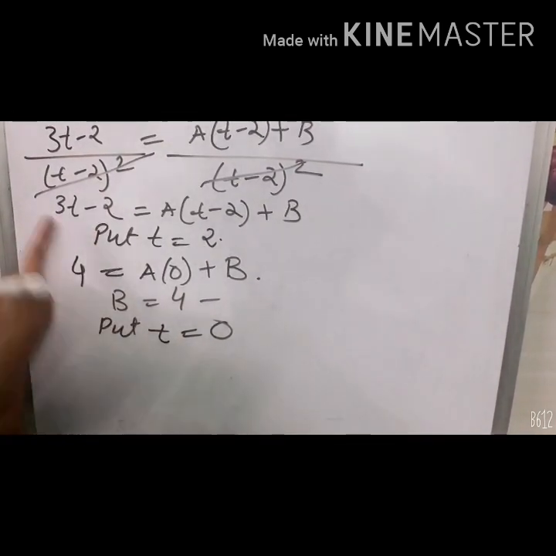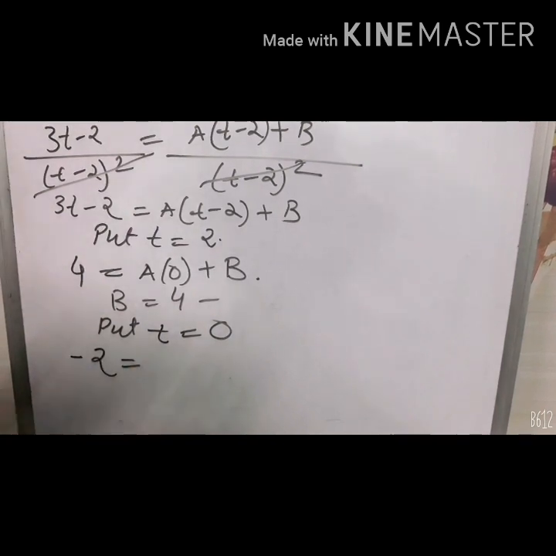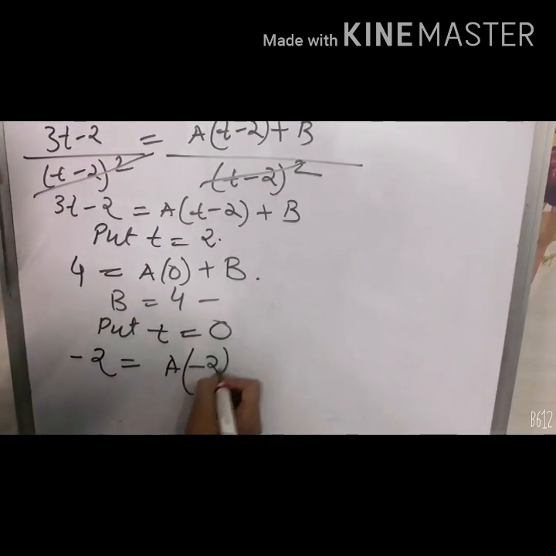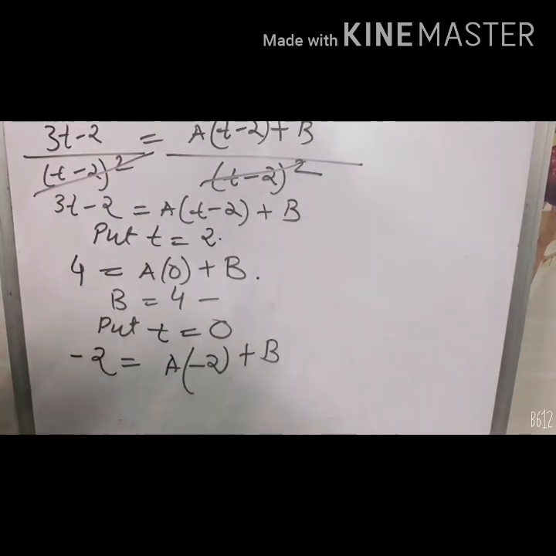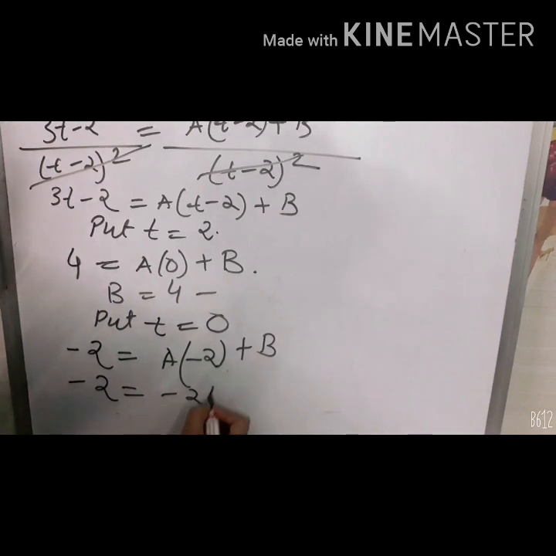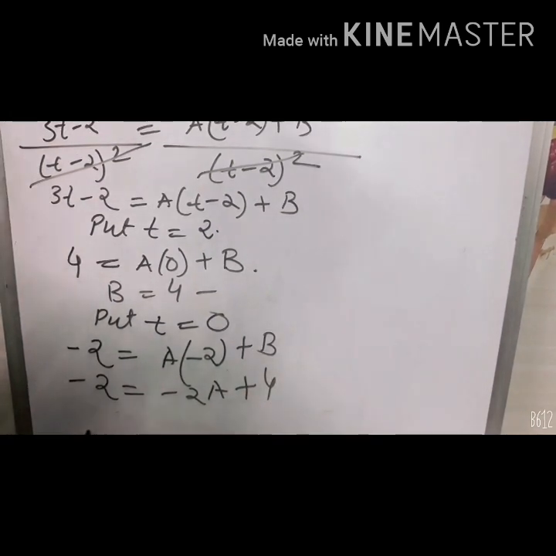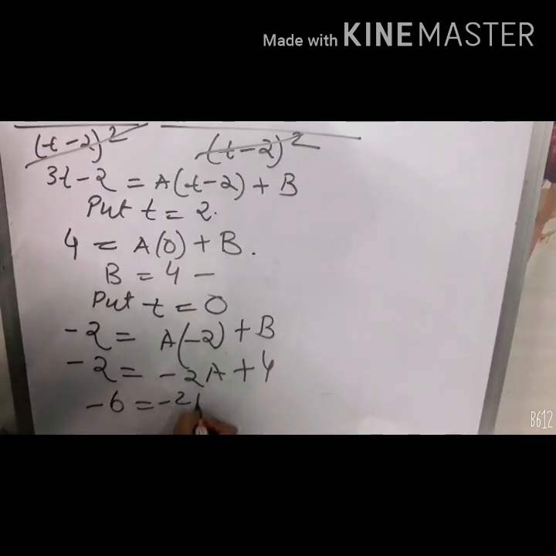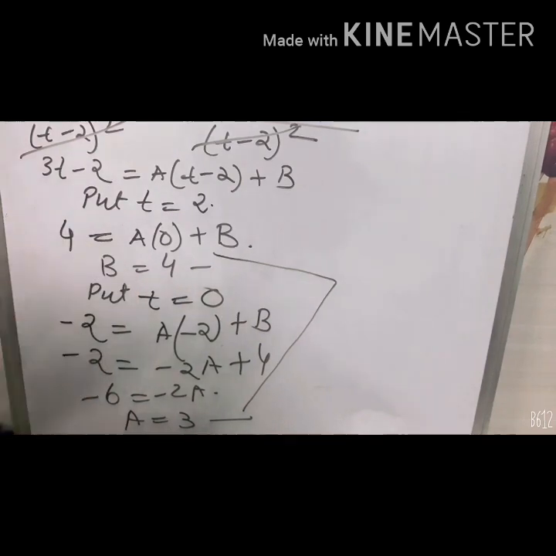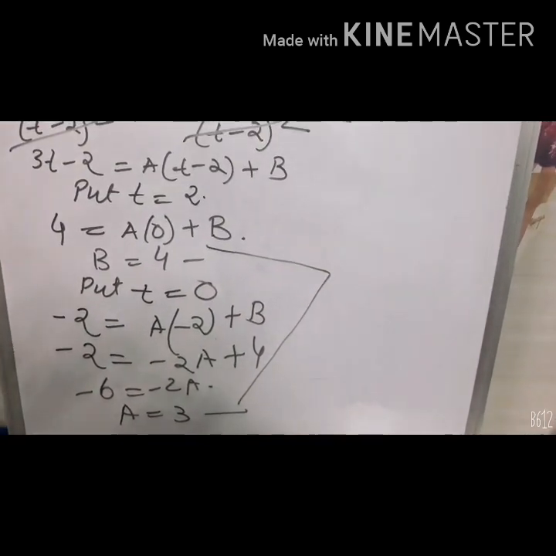That becomes 3 into 0 minus 2, which is minus 2, is equal to a into 0 minus 2, minus 2a, plus b. Okay. Now we have b value 4, so minus 2 is equal to minus 2a plus 4. It becomes minus 6 is equal to minus 2a. A is equal to 3. So I got my values of a and b.